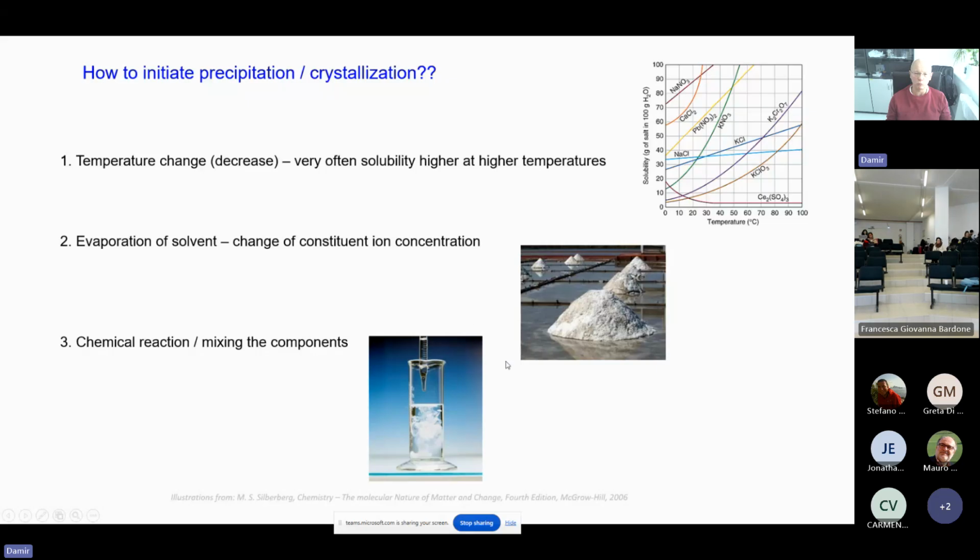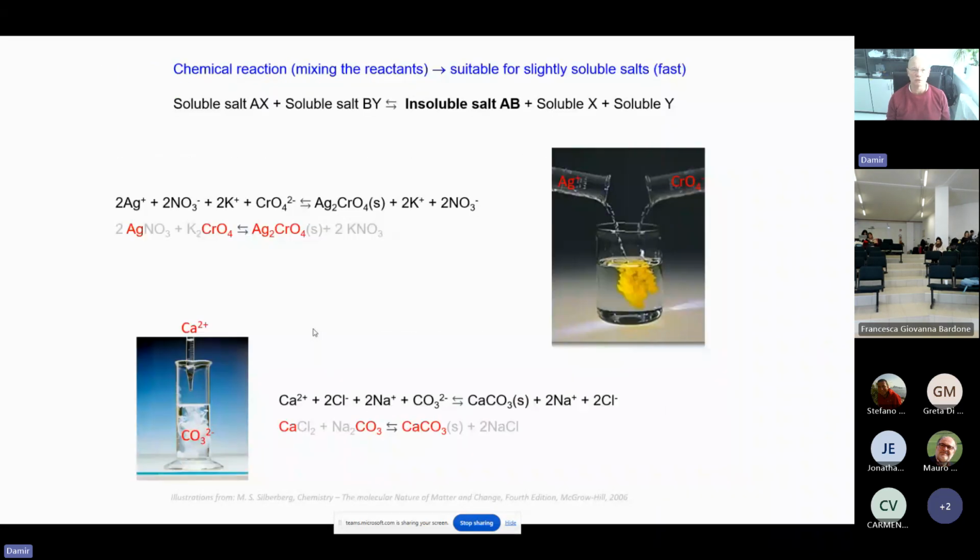This is a very convenient way of starting precipitation because it is very fast. Changing the temperature and evaporation are slow processes, but this is a very fast way of attaining supersaturation. In this system it may be very important, because precipitation is also a very fast process. So if you try to follow a fast process, then you have to initiate the precipitation very fast, so you don't have an overlap of these two processes.